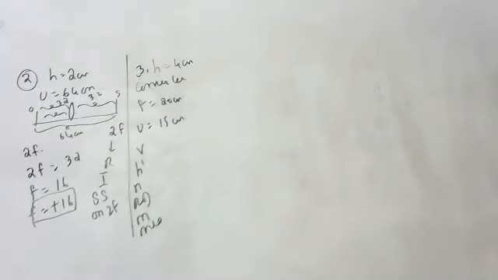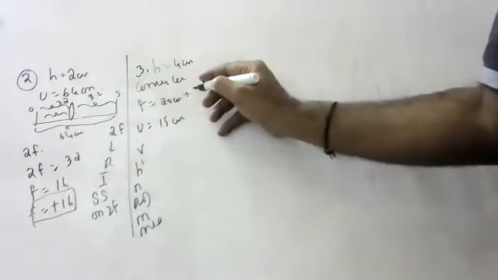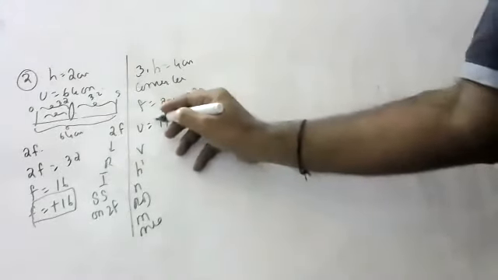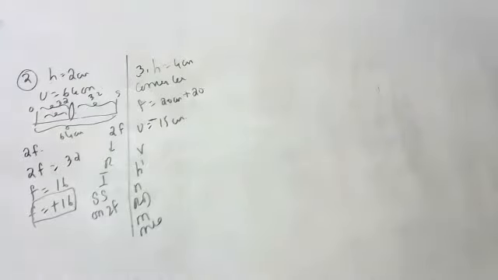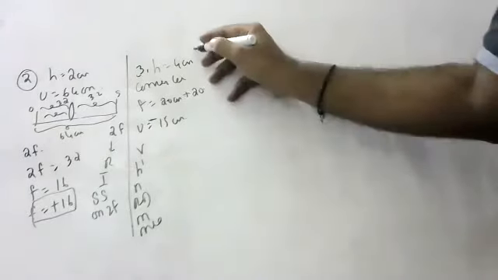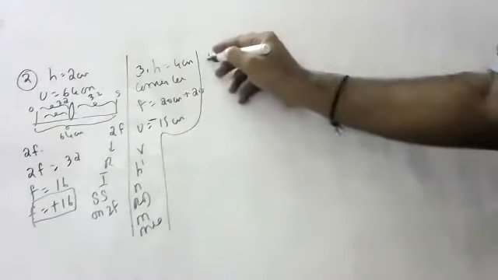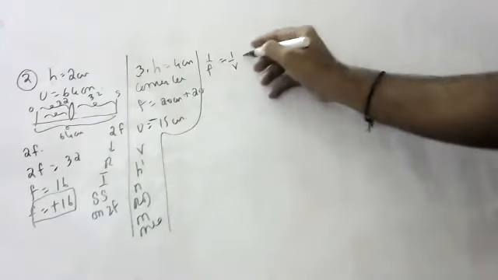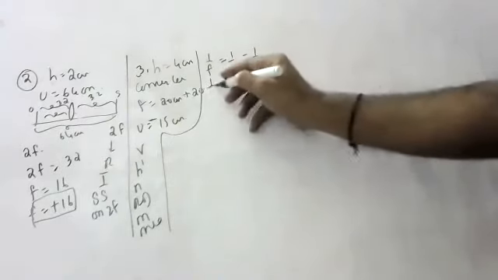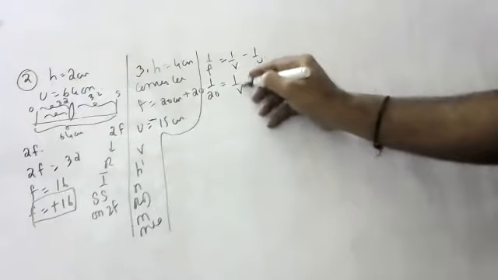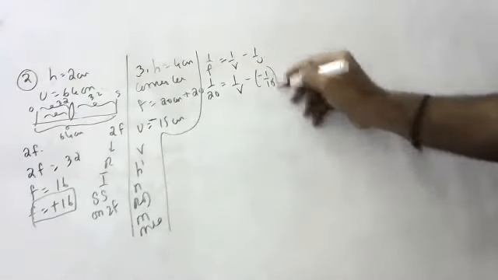Children, anyone want to say, or shall I? Since it is a convex lens, we should take plus 20. Object distance is always minus. What is the lens formula, children? 1 by f is equal to 1 by v minus 1 by u.